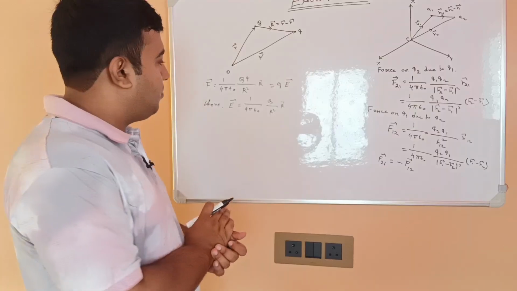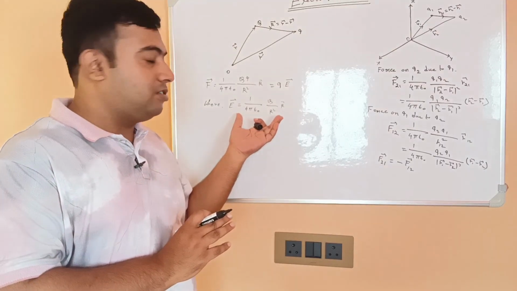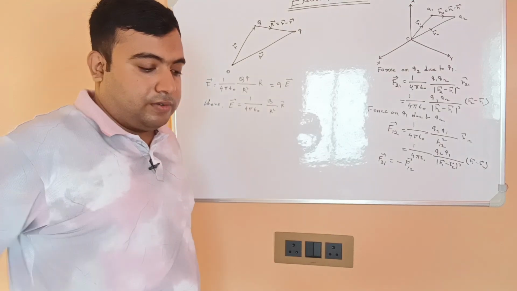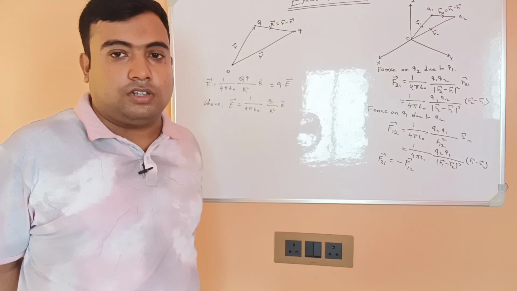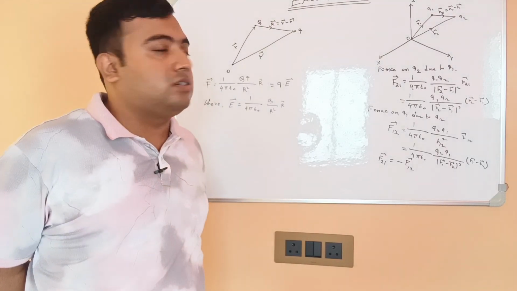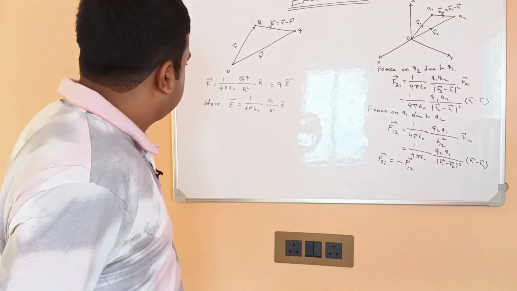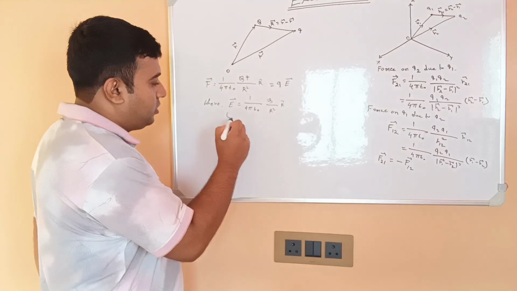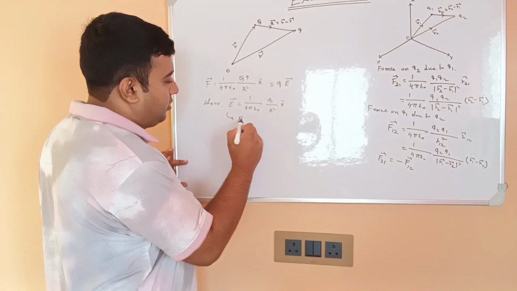So this is a function of the position vector with respect to the source charge capital Q, but it is independent of the test charge. This quantity is called the electric field.